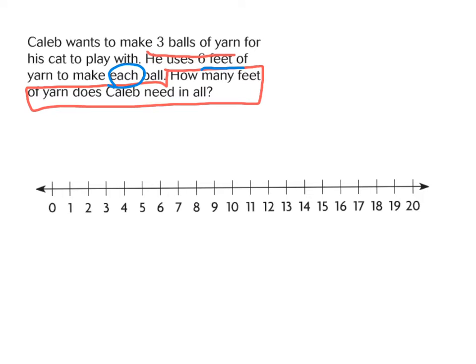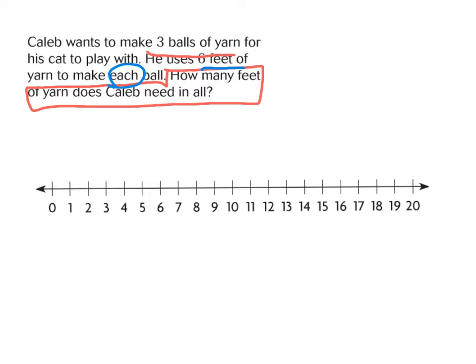So let's think about this problem. How many equal groups of yarn will Caleb make? Well, the answer is right here. He wants to make 3 balls of yarn for his cat to play with, so that means that he's going to be making 3 equal groups. How many feet of yarn will be in each group?